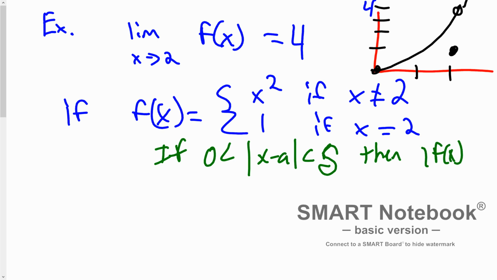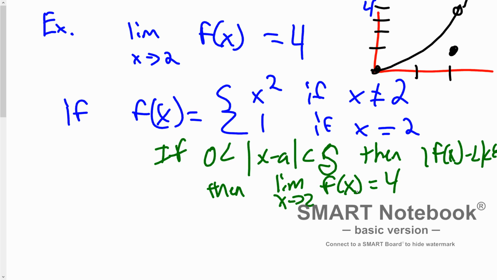I can find a distance in between my limit, epsilon. And if that's true, then the limit exists and the limit is 4. Okay? Or you can say therefore.